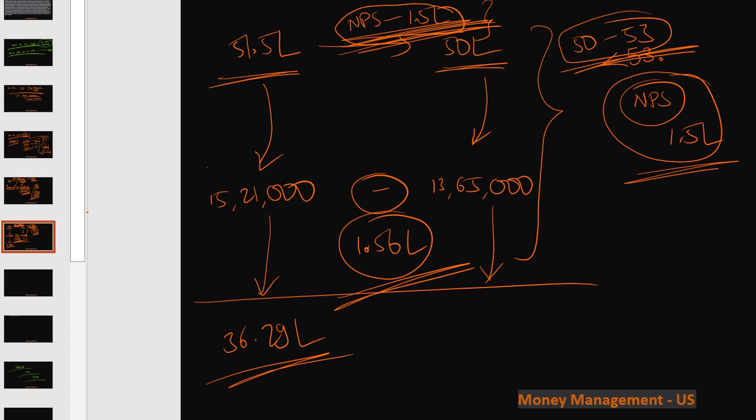So I am just subtracting. In this case, actually, you're getting 36.35 lakh. In fact, 6,000 extra on salary you are getting, and an extra amount of 1.56 lakh, while 1.5 lakh went into your NPS, and you're getting a huge benefit. I think you got this trick.